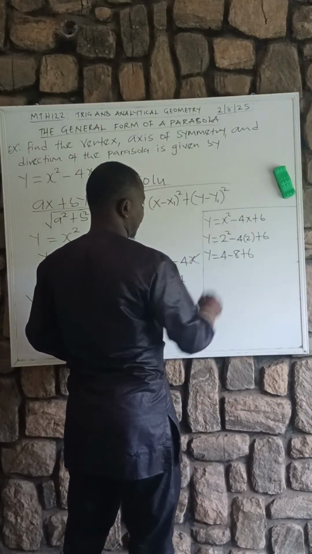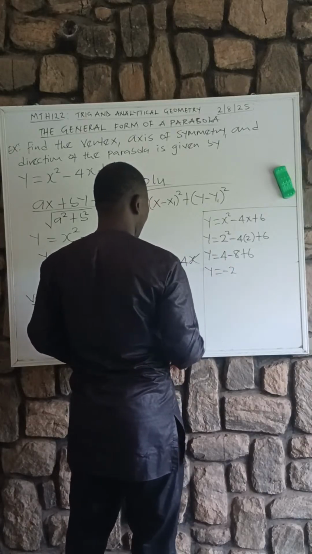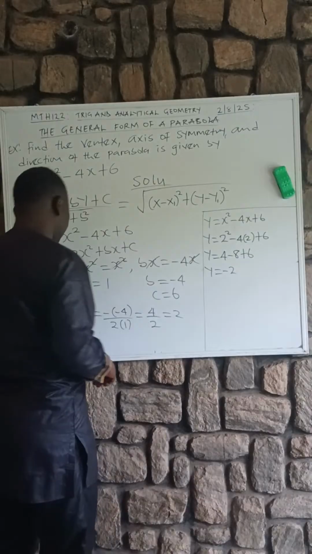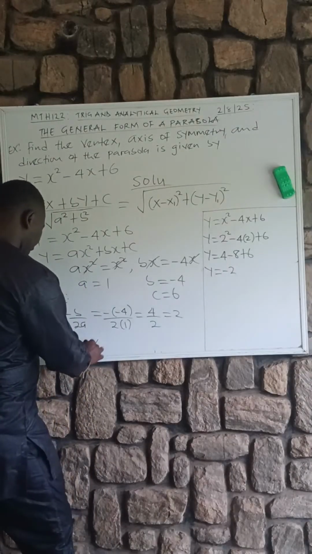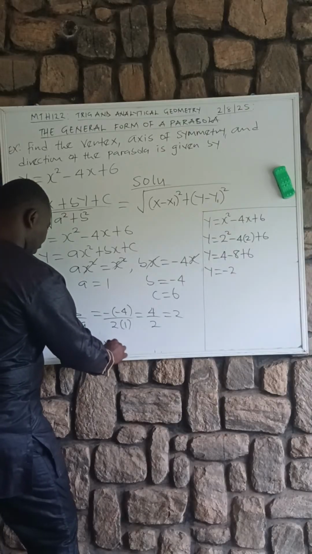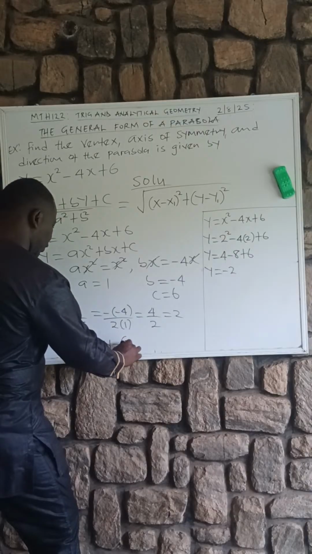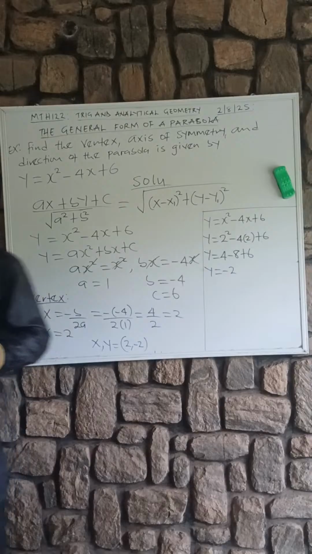As we can see, y is equal to minus 2. So it means our x comma y is equal to 2 comma minus 2. True or false? Look at the board very well.